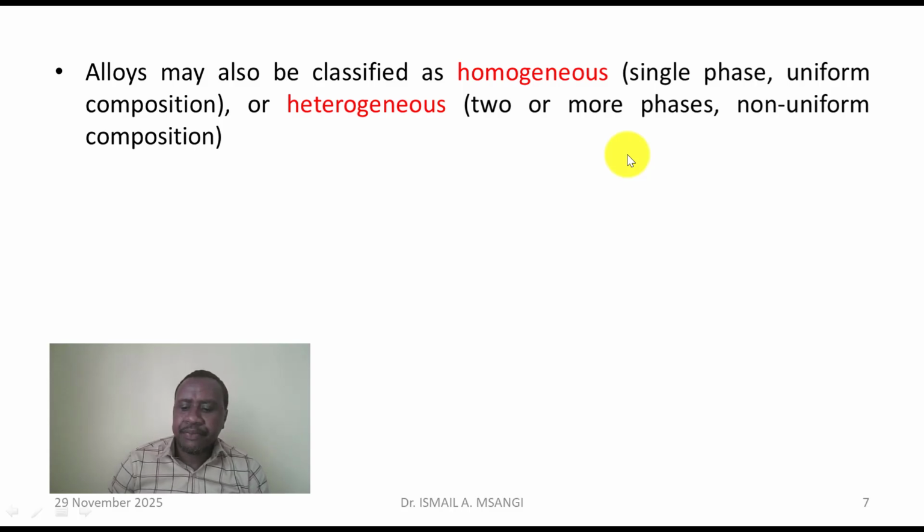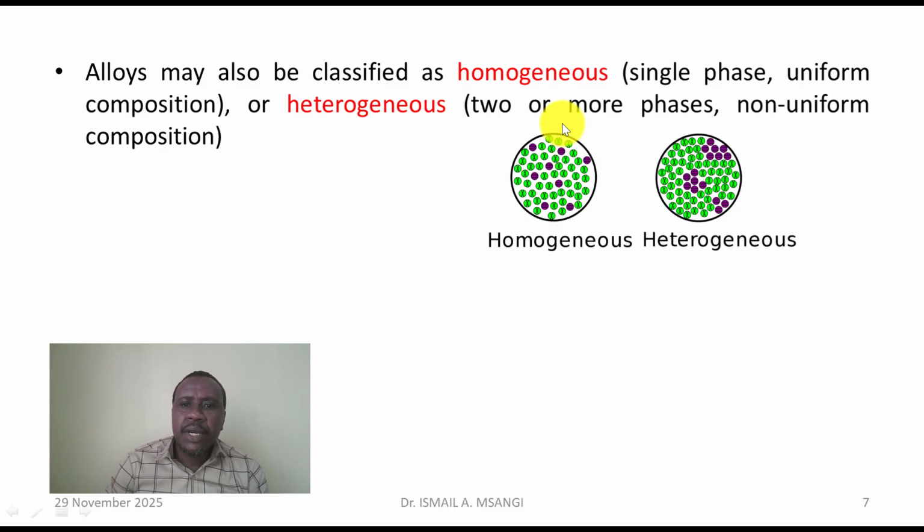That when a material has components evenly distributed throughout, then the material is said to have a single phase and it is referred to as a homogeneous alloy.